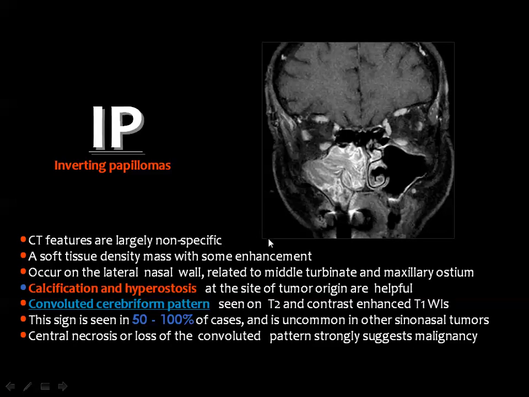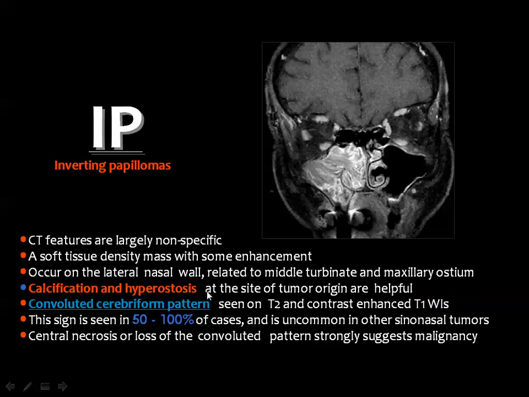The CT features are usually non-specific, but if you refer to what I have said, you can many times spot the diagnosis of this lesion. The soft tissue mass may show enhancement, and it occurs on the lateral nasal wall related to the middle turbinate and the maxillary ostium.